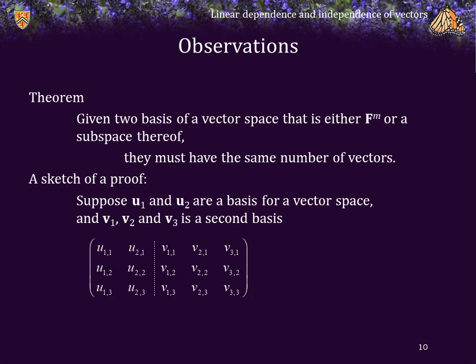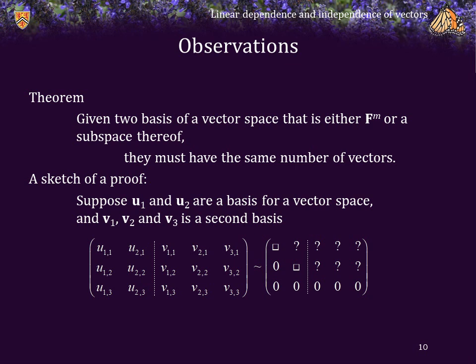Well, u1 and u2 can form the first two columns of this augmented matrix, while v1, v2, and v3 form the balance. If we were now to perform Gaussian elimination and just Gaussian elimination on this, we would end up with a matrix that looks like the following.